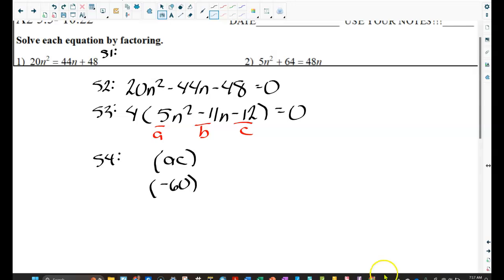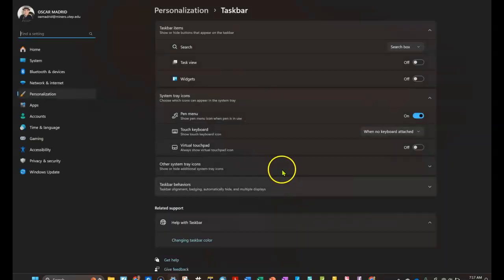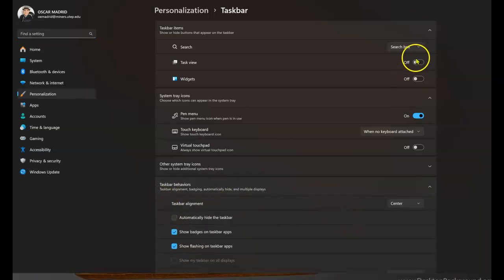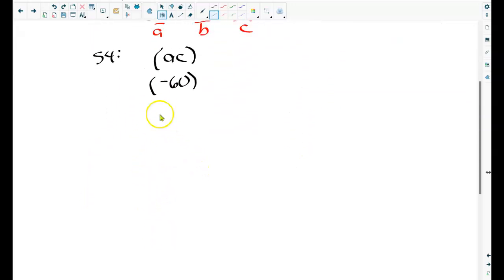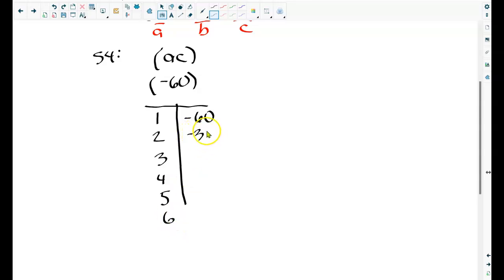Let's go with 1, 2, 3, 4, 5, 6. This is negative 20, negative 15.